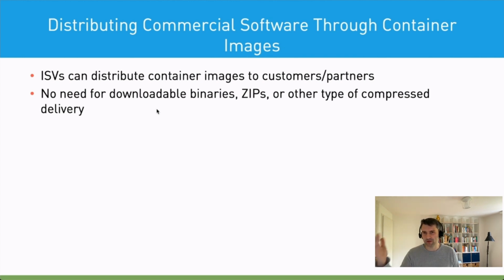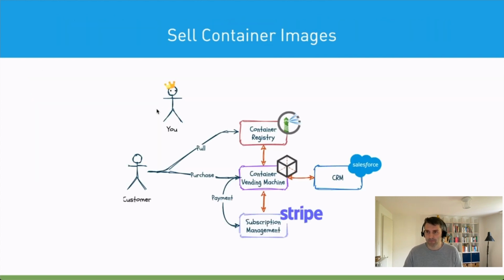This is something that is very difficult to accomplish with the container registries that are provided by AWS or Azure, and even Docker Hub is a bit difficult for this. There's another point. It's called selling container images. There's even the possibility that you could sell container images.